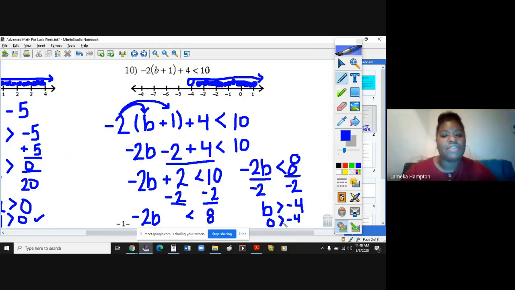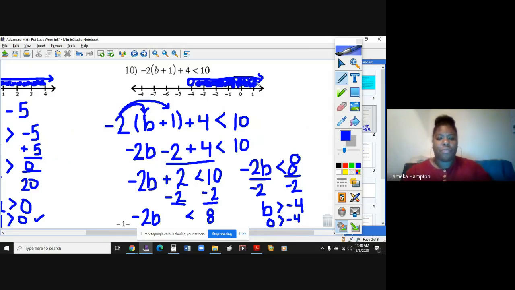Because this is a true statement, that lets me know that any number to the right of -4 would suffice as a solution. So I have an open circle over my -4. That lets me know that -4 is not a part of the solution. And I shaded in everything over to the right. I'm just going to reshade it again.